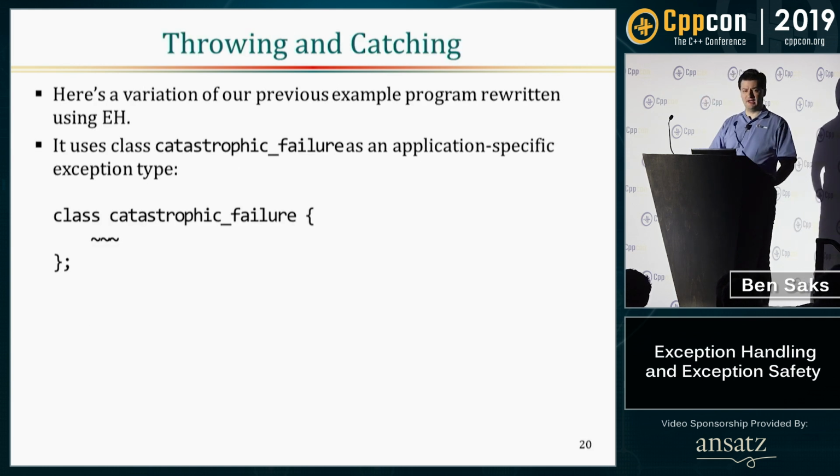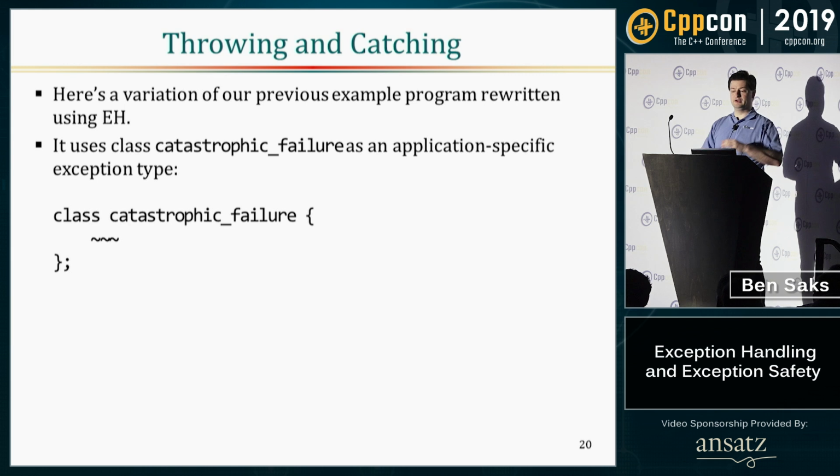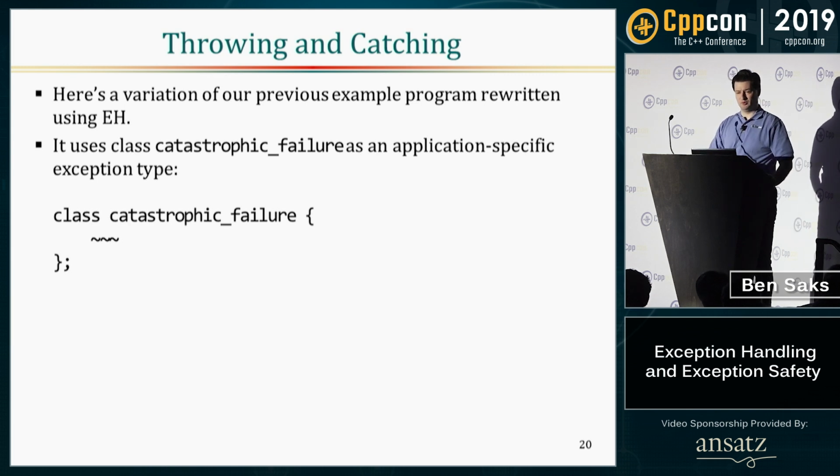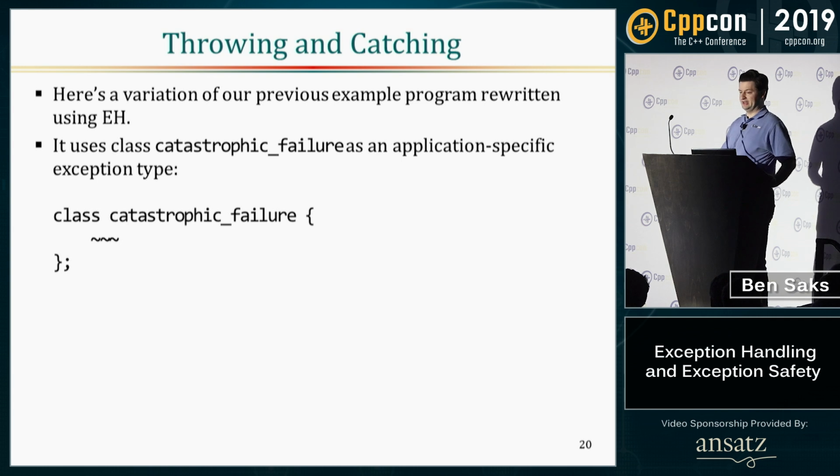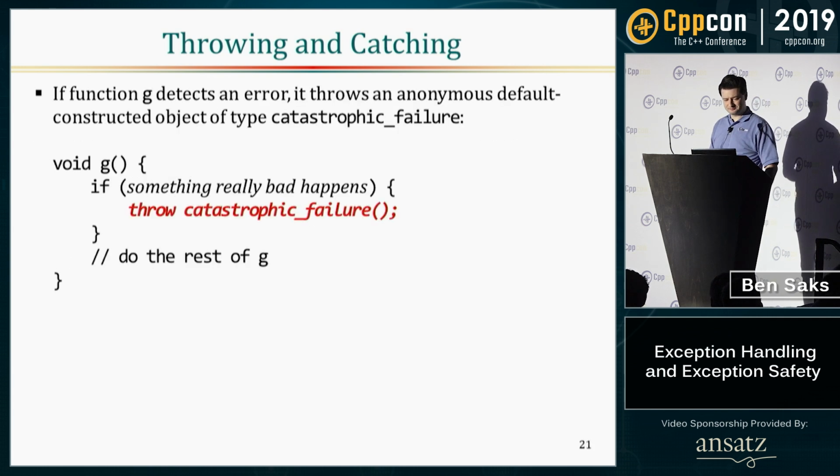So let's take a look at, earlier I showed you main calls F, calls G, which could report a failure. Let's take a look at what that's going to look like if we use exception handling. And in this case, I'm going to use a class of my own design called catastrophic failure to represent the exception.